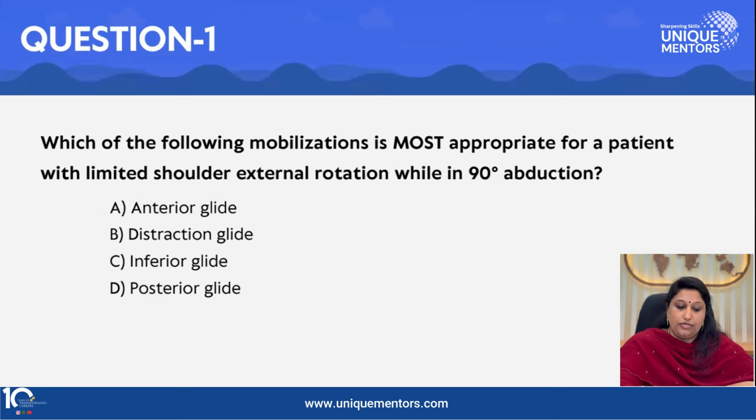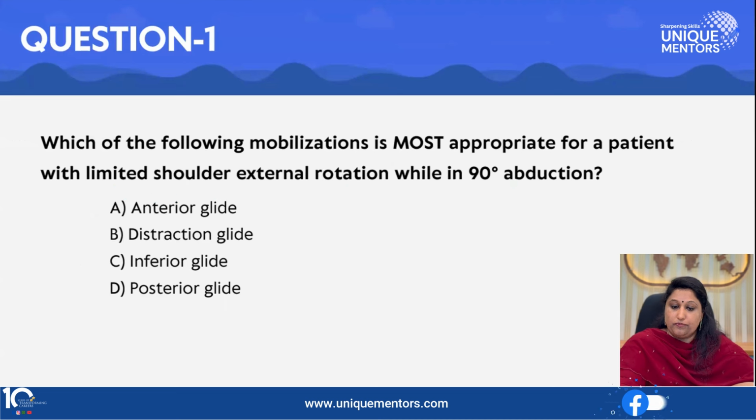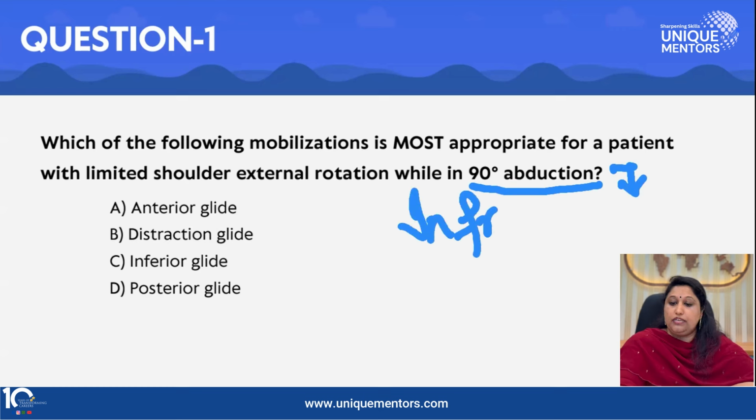Now the key information here is limited shoulder external rotation while in 90-degree abduction. The key point here is that in 90-degree abduction, the most primary limitation is by the inferior glenohumeral ligament.